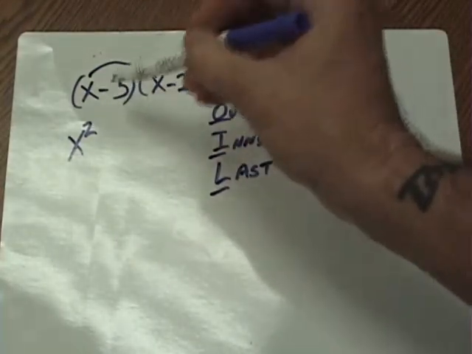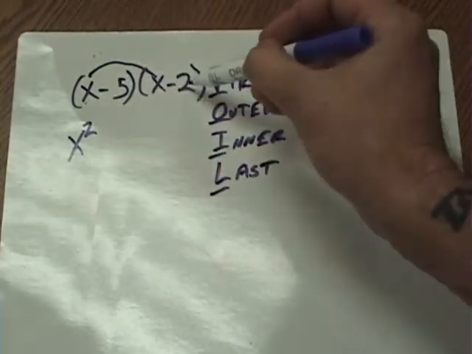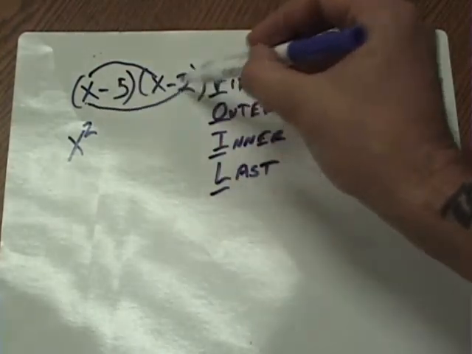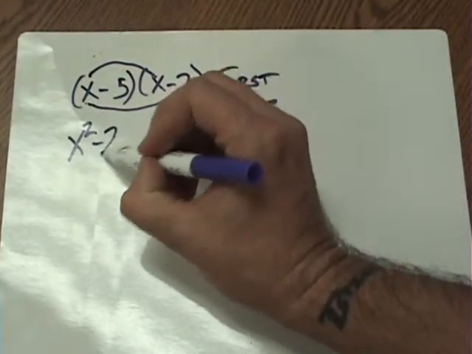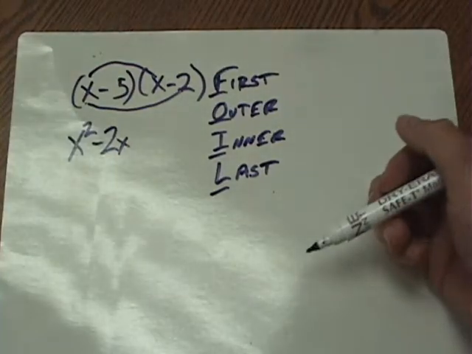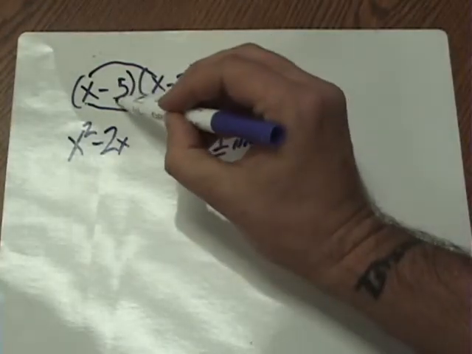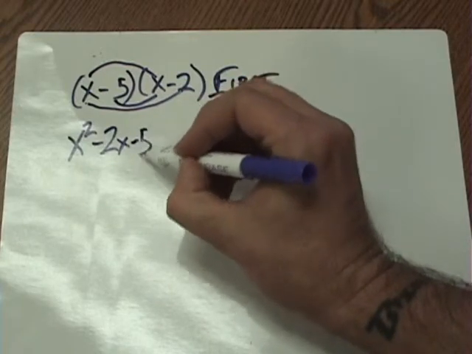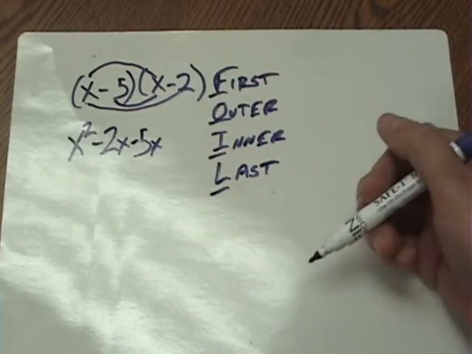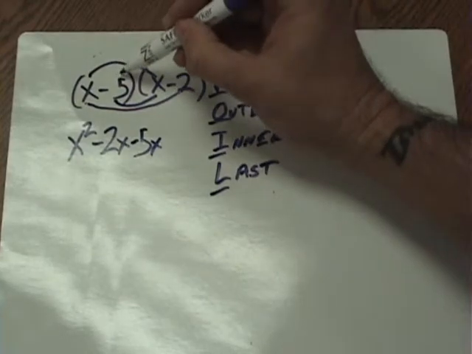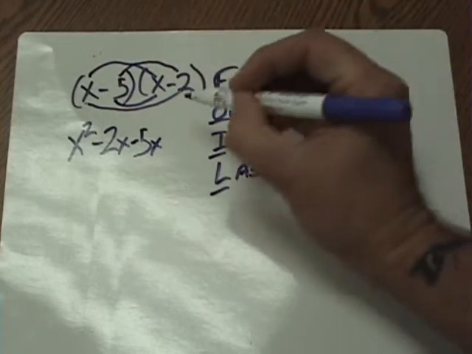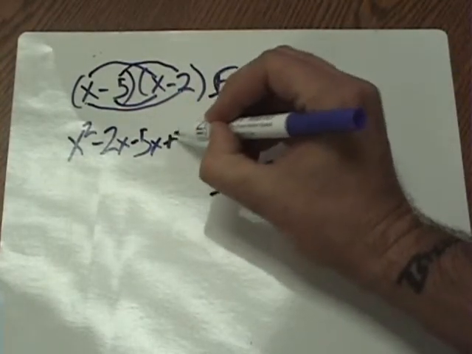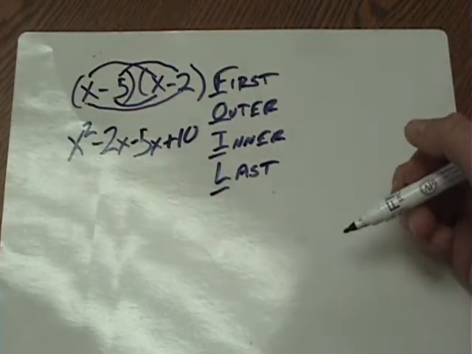Then I go to the outer. The outer is the x and the negative 2, which gives me negative 2x. Then the inner is negative 5 times x, so I get negative 5x. And the last is negative 5 times negative 2, which is positive 10.